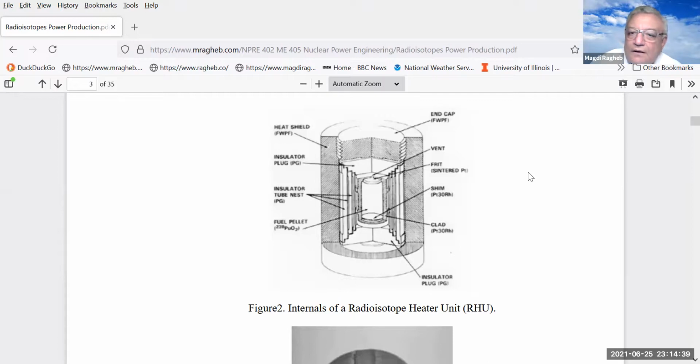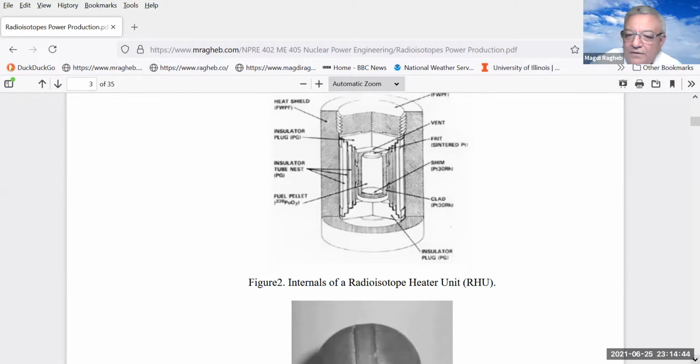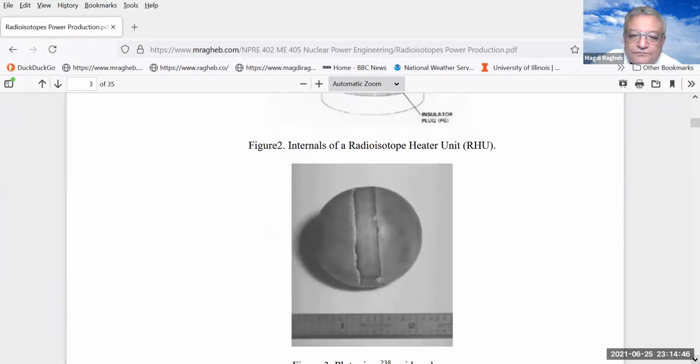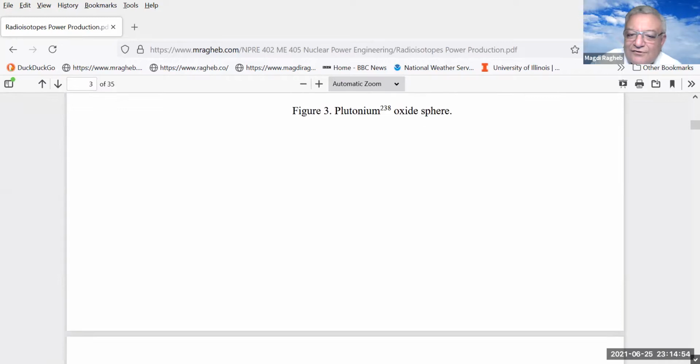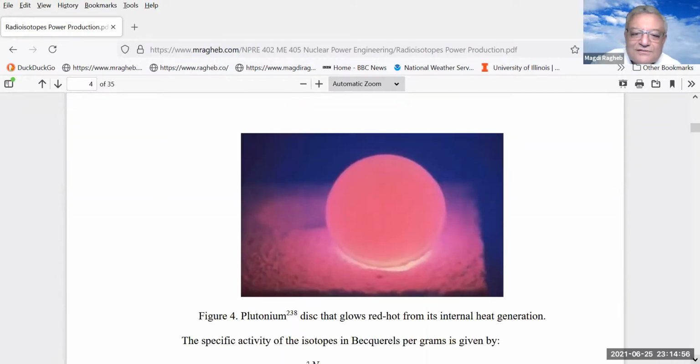It emits quite a bit of alpha particles. The alpha particles slow down in the metal to the point that the metal glows red at room temperature. This shows us a plutonium-238 disk. It glows red hot from its internal heat generator.